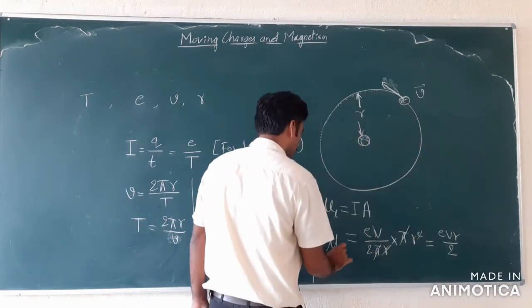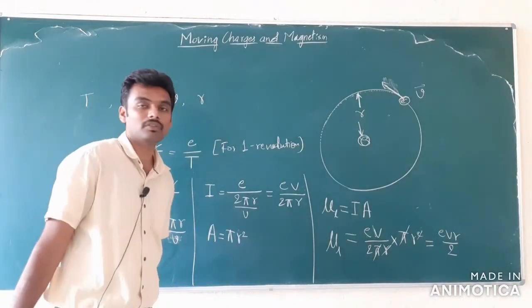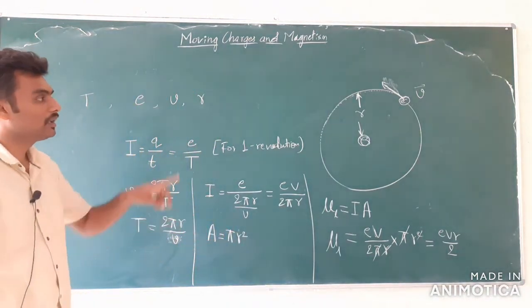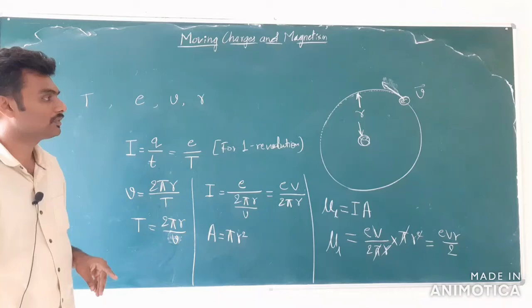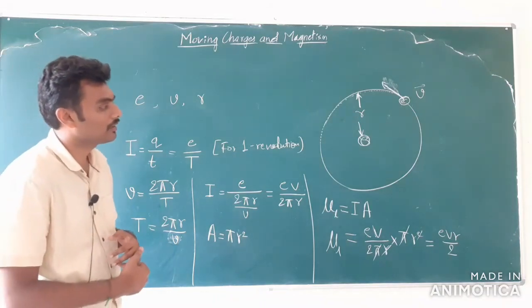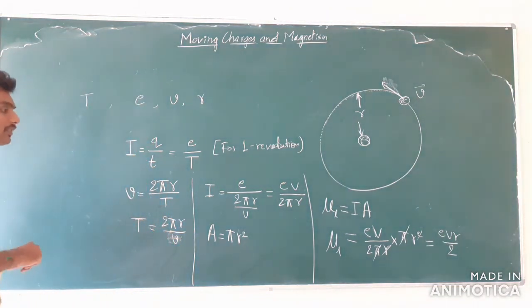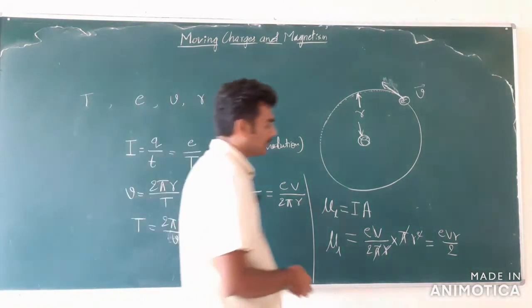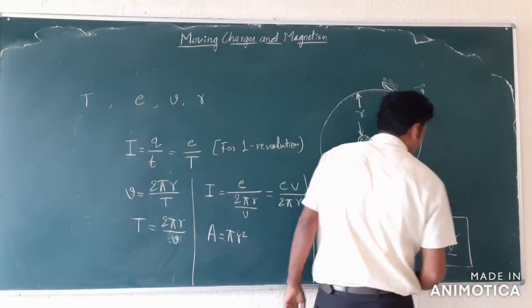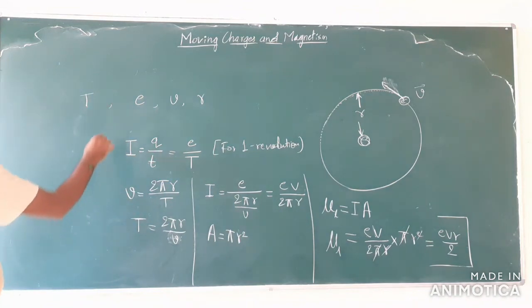This is one expression for the magnetic dipole moment of a revolving electron in the hydrogen atom, where r is the radius of the orbit, v is the speed with which the electron moves, and e is the charge of the electron. This is an important expression for mu L, but we will not end it there.